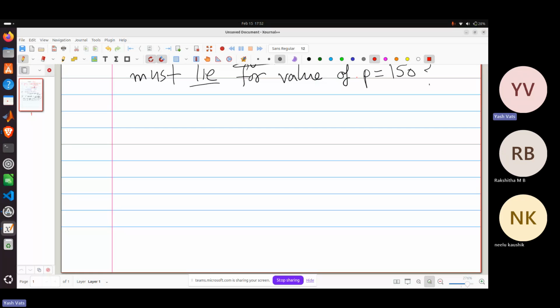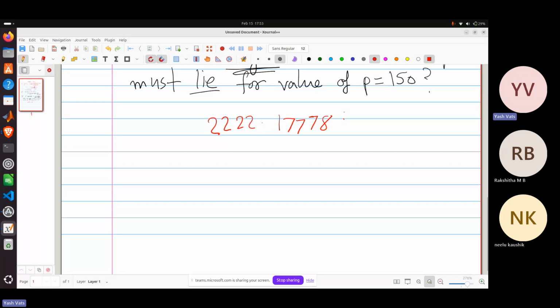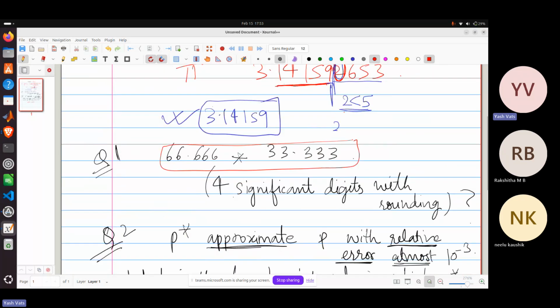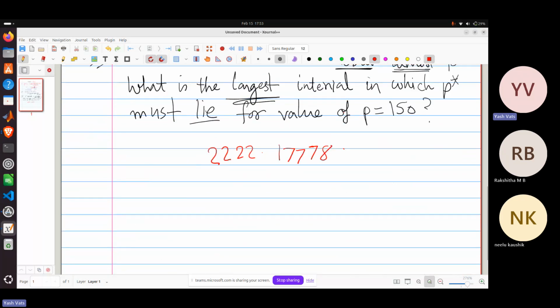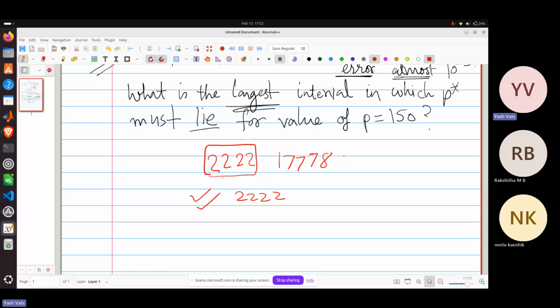It's basically 2222.17778. The question says four significant digits, so you have to take just the first four digits. So the answer should be 2222. Is this all right?